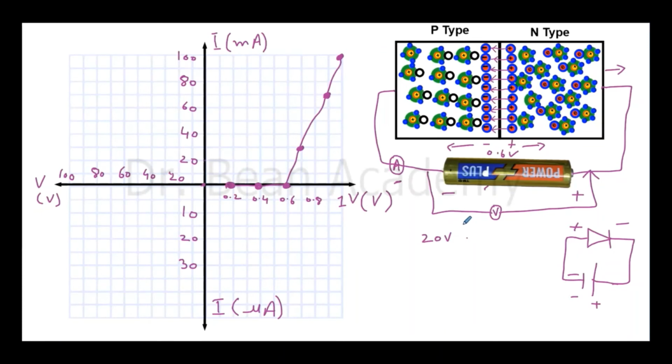So if I apply 20 volts, I have some idea of how the voltage and current values will change. As I told you, ideally we should not get any current, and whatever voltage I apply, whether 20 volts, 40, 60, 80, 100, whatever, there should not be any current. But you remember I told you that we will still see some current.